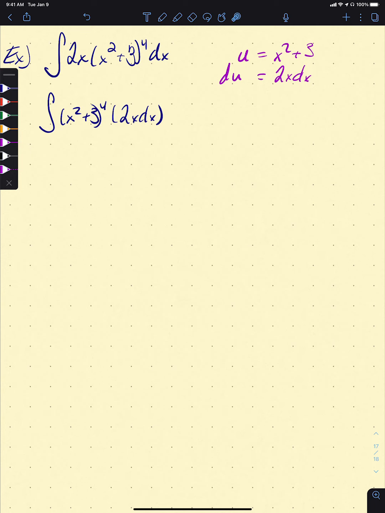The other way to do this is to solve for dx and then substitute it directly, or you can do this grouping. Once we've done this grouping, we can convert this into an integral in u. This is going to be u to the fourth du, because this is my u to the fourth, and this is exactly what du equals.